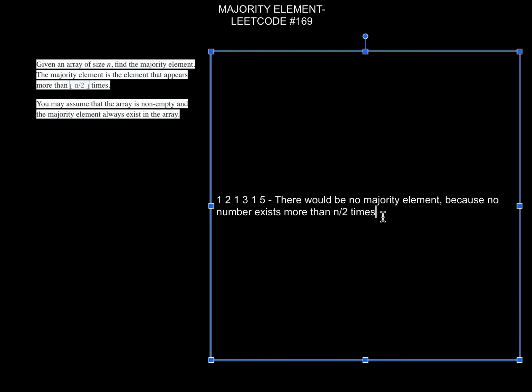Okay, so the way that we would approach this is to use an algorithm called the Boyer-Moore algorithm, which says that we keep a count of current potential majority elements.